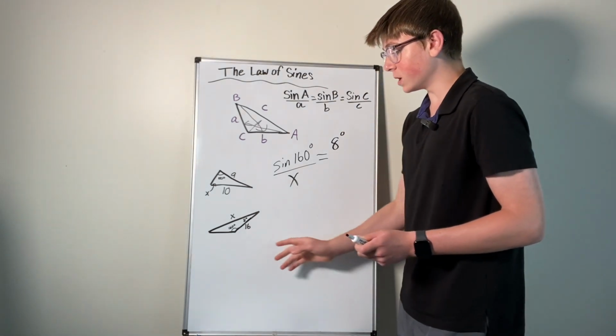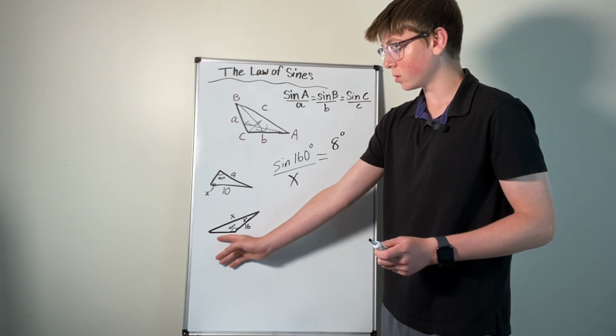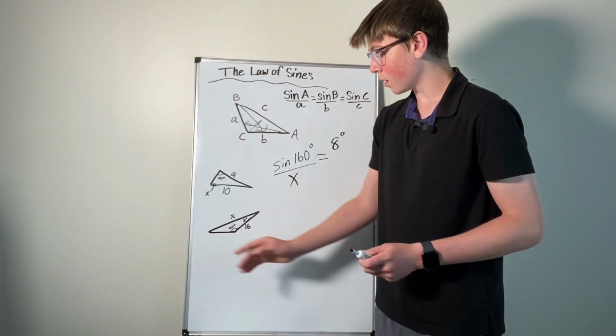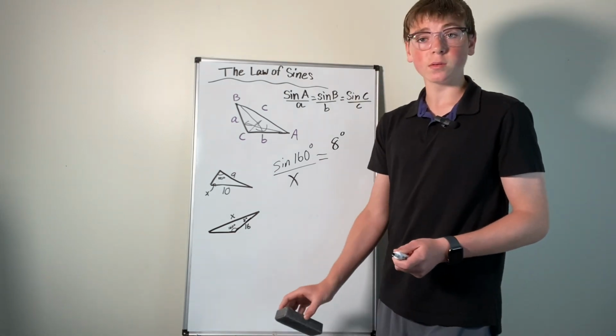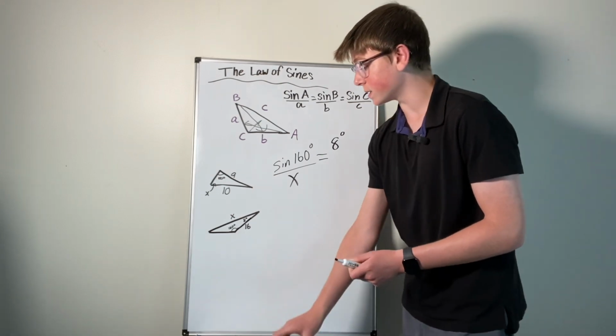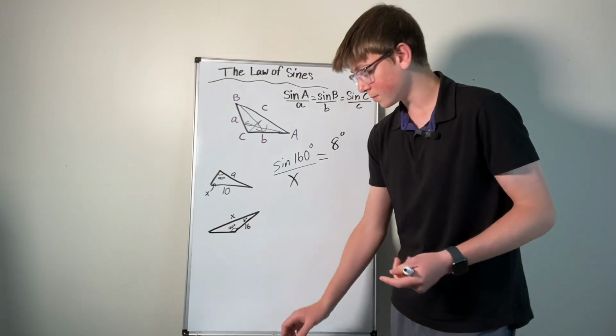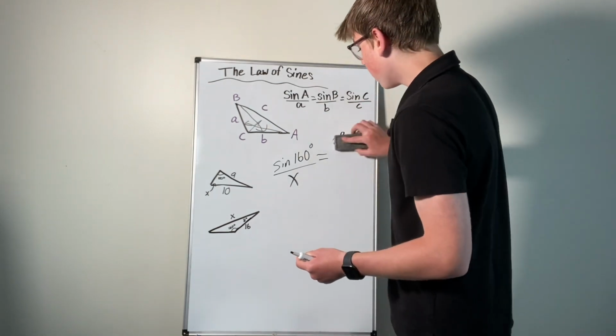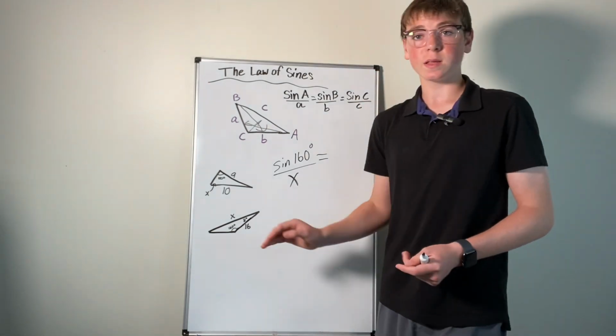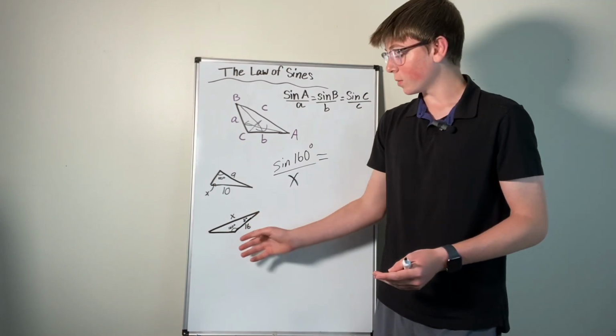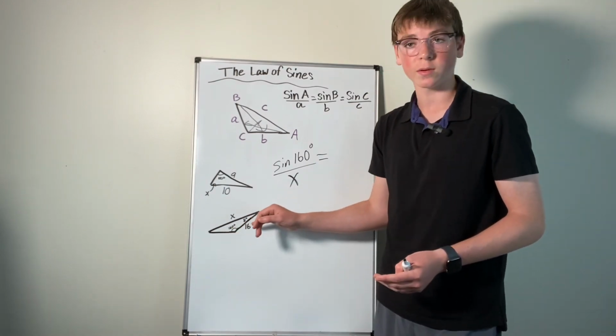But we don't have the side opposite this angle over here. So what we can do is you could use this 8 degrees and find this other side and then use the law of sines. That's another way to find it. Or you could just find this second angle in here, which we have 160 degrees and we have 8 degrees.